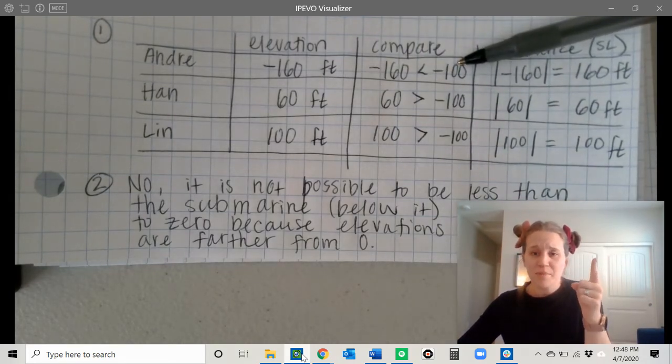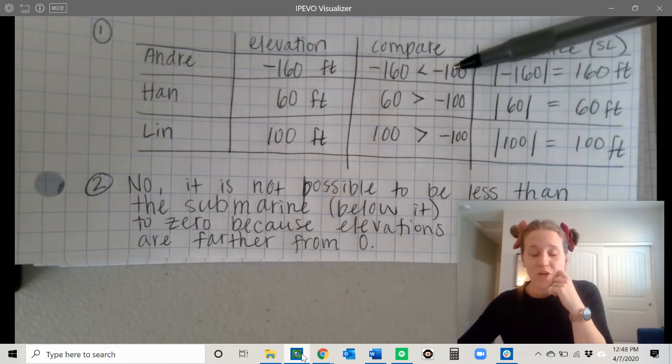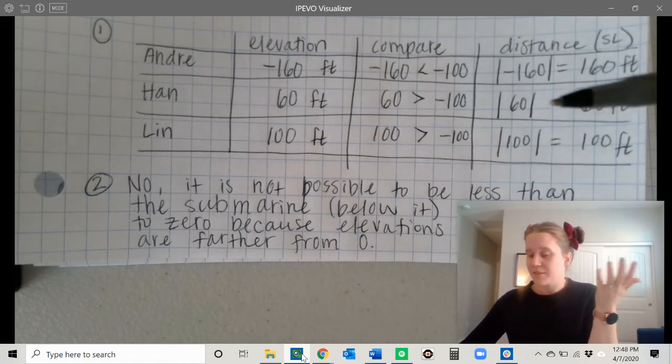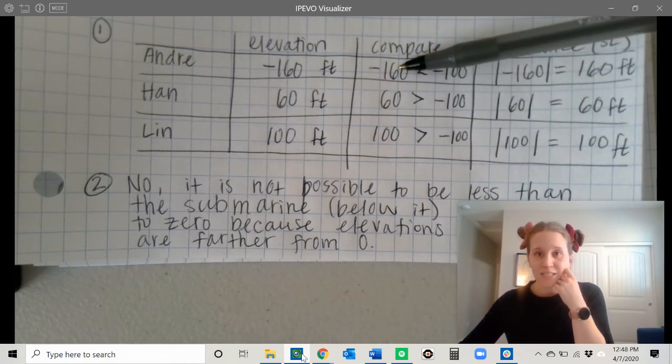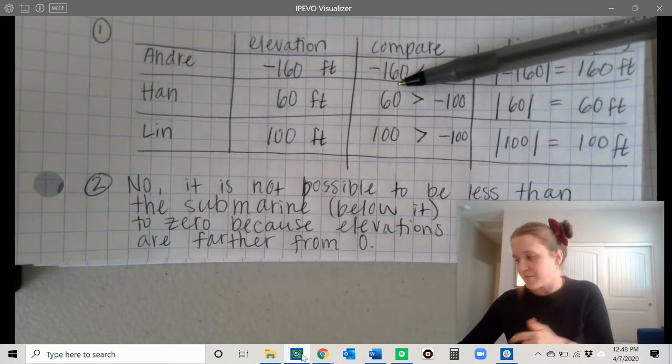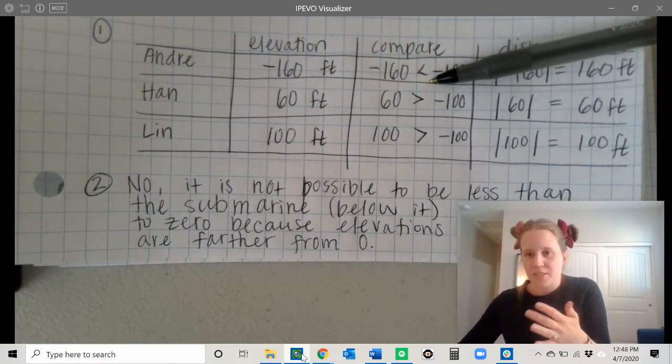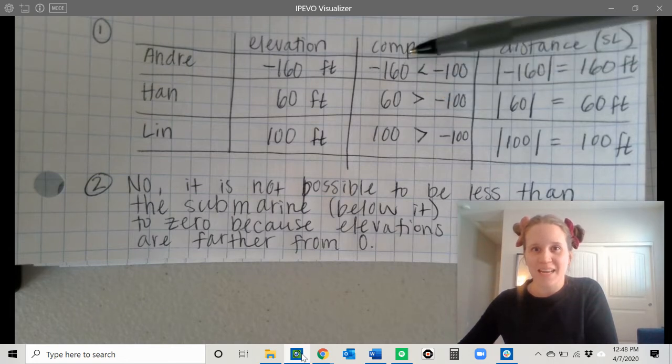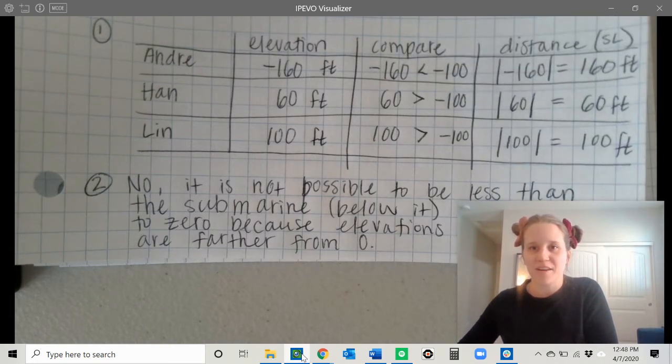Note, if these numbers were positive, positive 160 is greater than positive 100. So remember, negative numbers, everything's flopped. Everything's the inverse. Negative 160 is farther to the left or farther below. So because of that, I've got just a different set of rules. Negative 160 is less than negative 100.